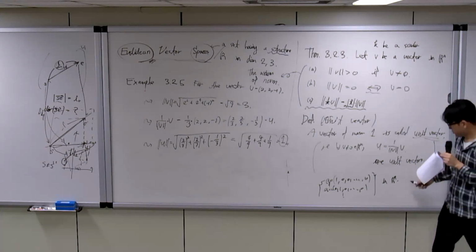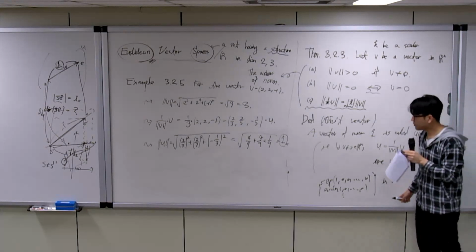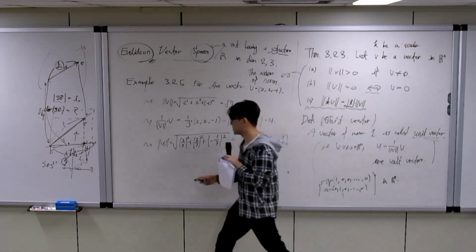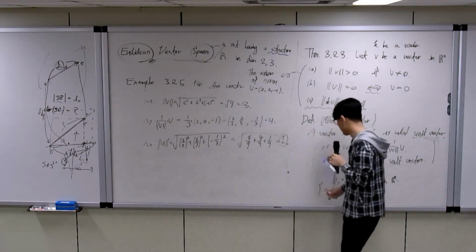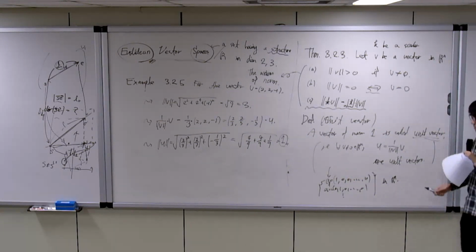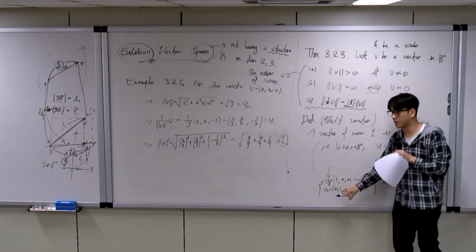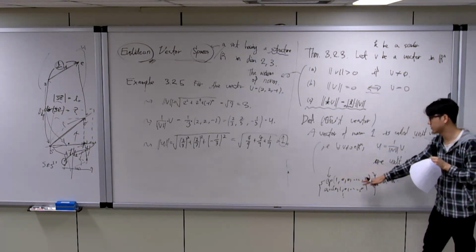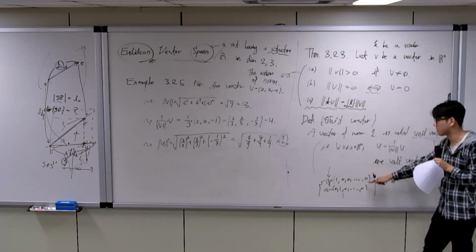And so if we think about the norm of each vector ei, it has only one component equal to 1 and the other components are all 0.